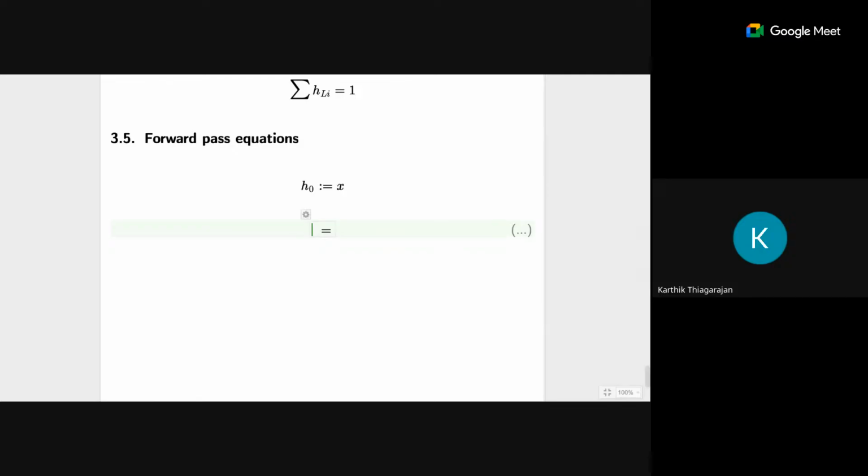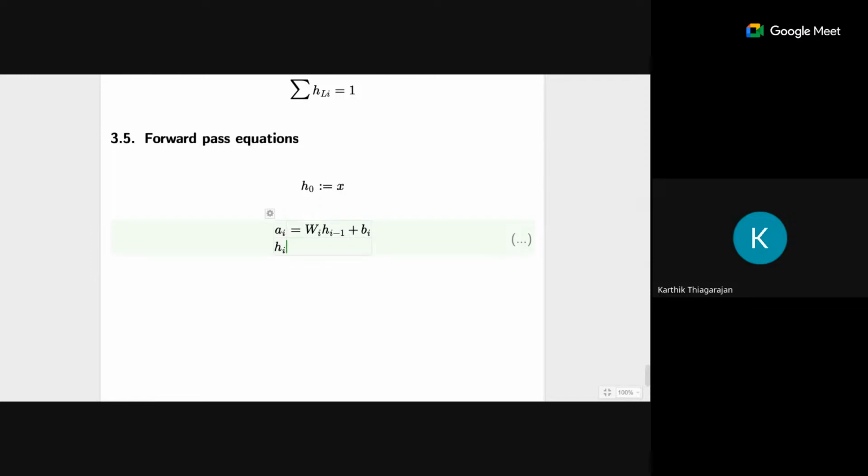First you compute the pre-activations. Assuming you have h_(i-1) in place, a_i will be W_i h_(i-1) plus b_i. So that is the pre-activation.